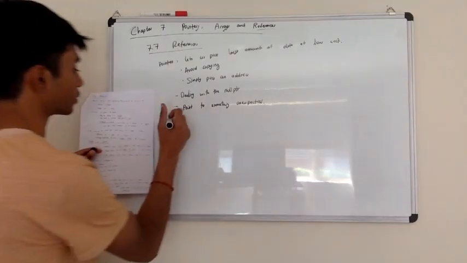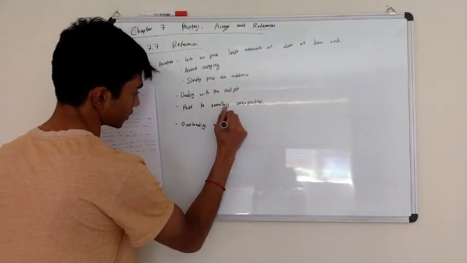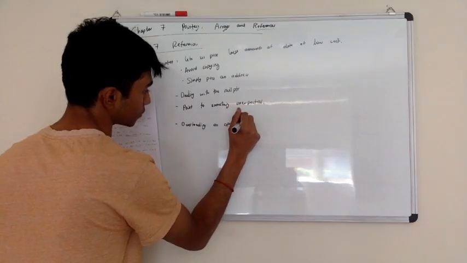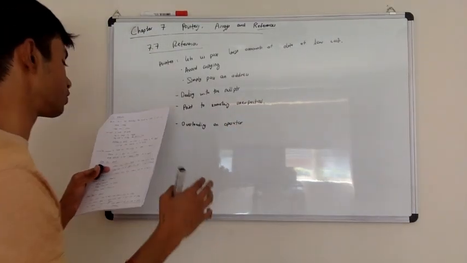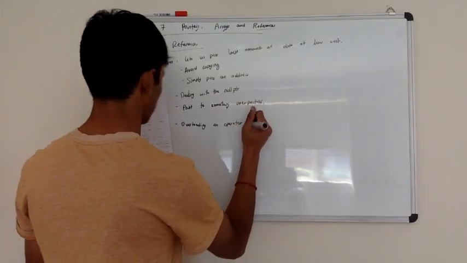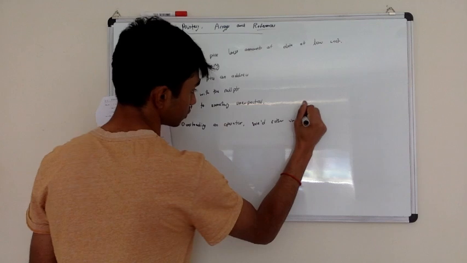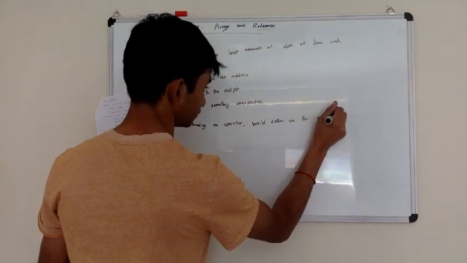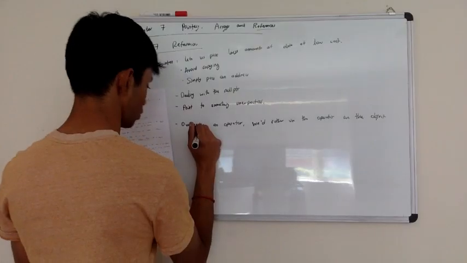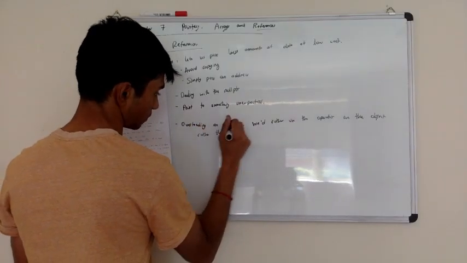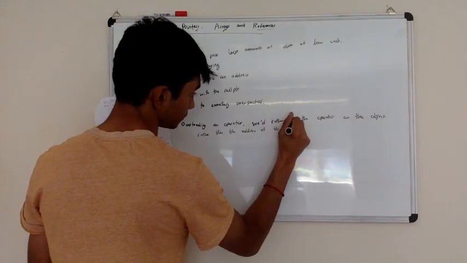And when we overload an operator, which is not exactly introductory, we can make custom operators and give custom definitions to them. When overloading an operator, we'd rather use the operator on the object being pointed to, rather than the address of the object.